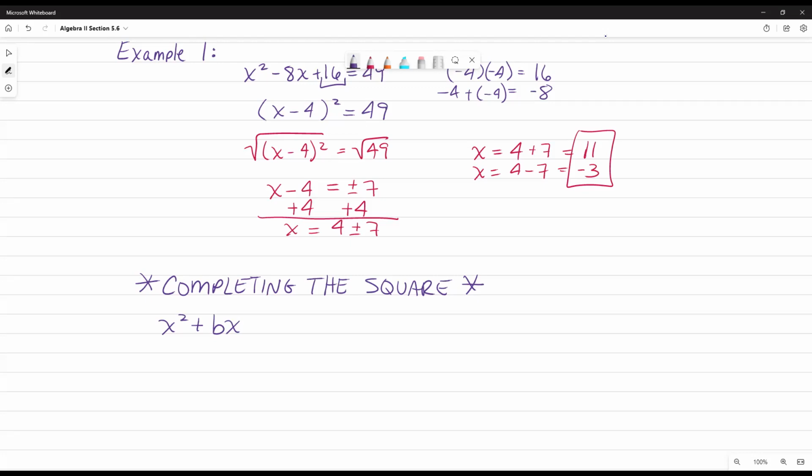So for this expression, you need to complete the trinomial. You have x squared plus bx plus (b divided by 2) squared, which equals your squared binomial, x plus b over 2, squared.